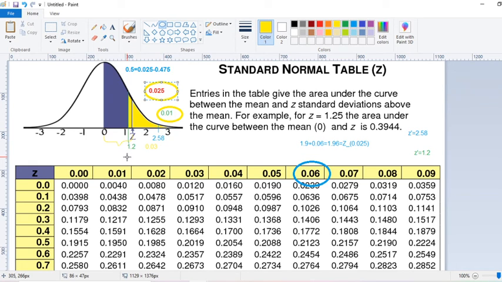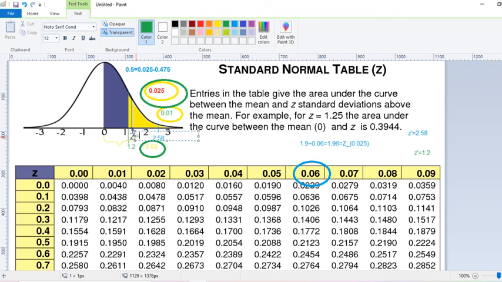In the second case, this 0.03 is greater than 0.025. So we can say that the point 1.2 will be before this 1.96 value, the table value. The z value of this will be 1.96. That's the table value.